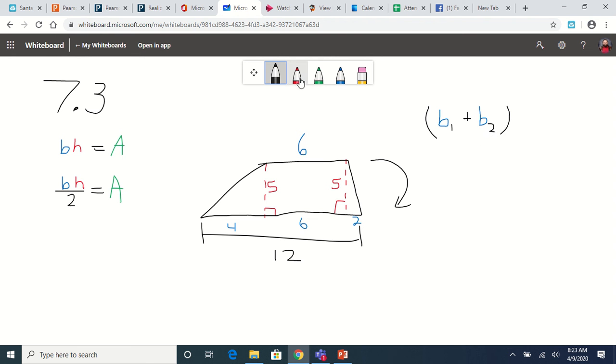Normally in this formula I would multiply by height, and that would give me area. But there's something else we're probably going to have to do, and you guys are probably thinking of it right now.